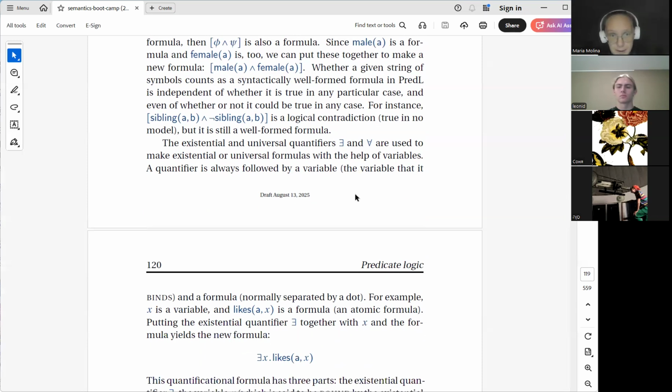Existential and universal quantifiers make existential or universal formulas with variables.